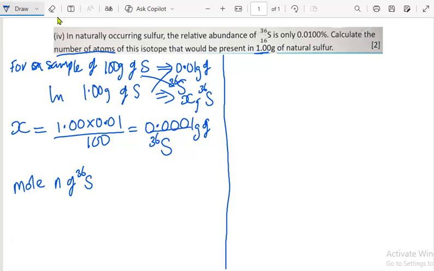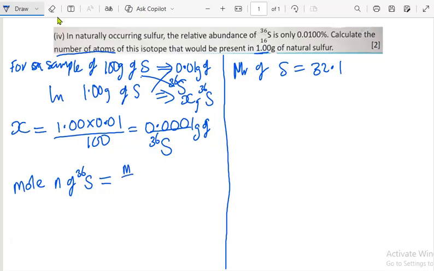Remember, moles is mass over molar mass, and the molar mass, check your periodic table, of sulfur is 32.1.